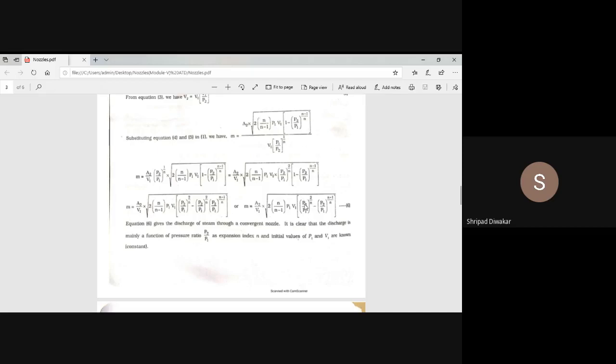P2 at exit of the nozzle and P1 is pressure at inlet to the nozzle. So this you remember, this is one of the important equations for nozzle, mass flow rate of nozzle.